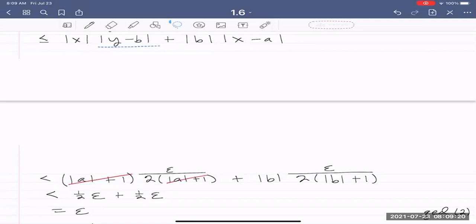And by the assumption of part 2 of the lemma, y minus b in absolute value is less than epsilon over the quantity 2 times the quantity absolute value of a plus 1 plus the absolute value of b. And by assumption, x minus a in absolute value is less than epsilon over the quantity 2 times the quantity absolute value of b plus 1.